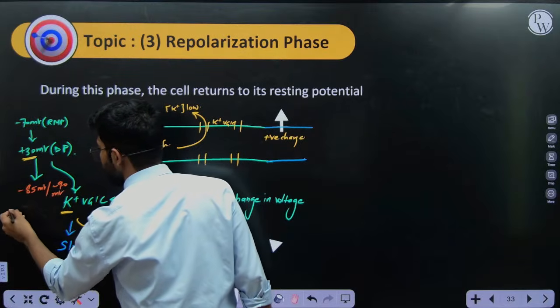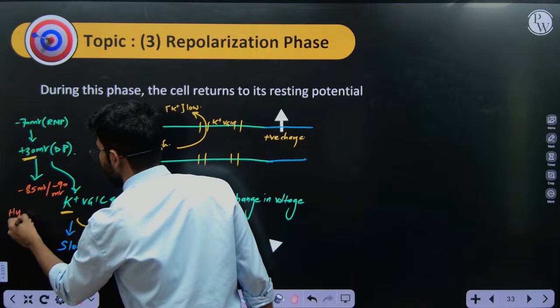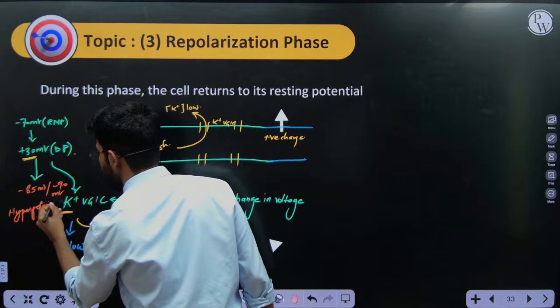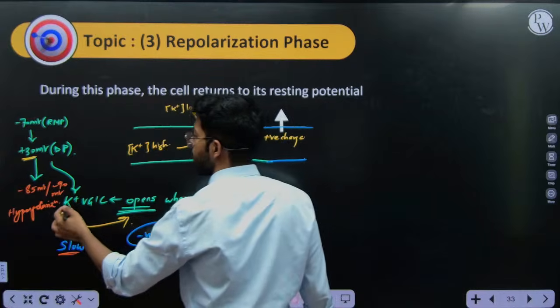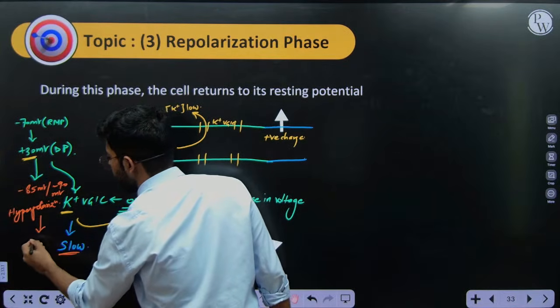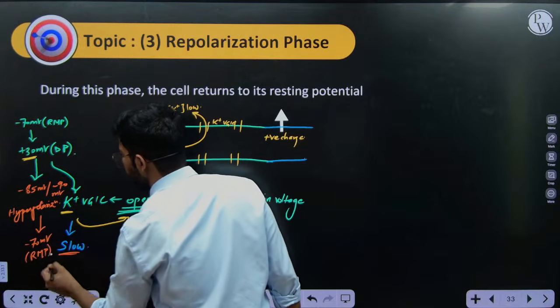That's why we can see the hyperpolarization phase, because of this slow potassium ion VGIC, and then again it will reach up to minus 70 millivolt, that is RMP.